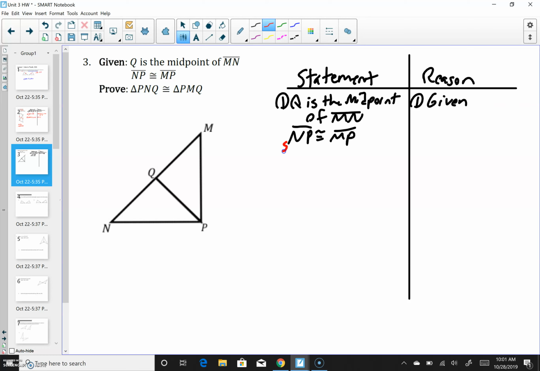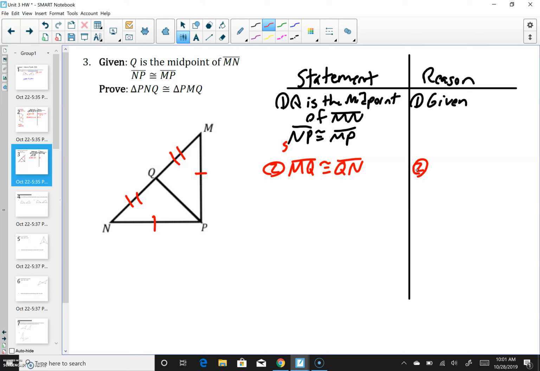This one is our easy one. NP is congruent to MP. So we're just going to mark those and we're going to move on here. The next part we want to work with is our midpoint. If Q is the midpoint of MN, that's going to tell us that we have MQ is going to be congruent to QN.